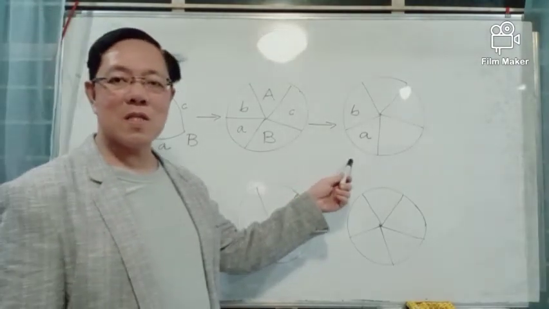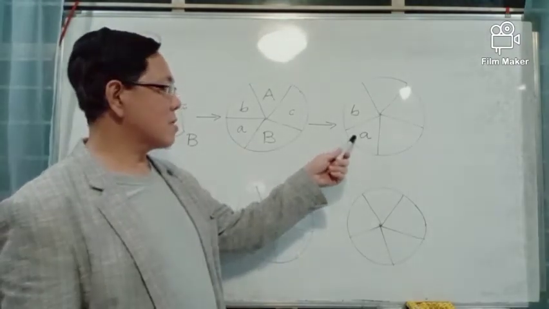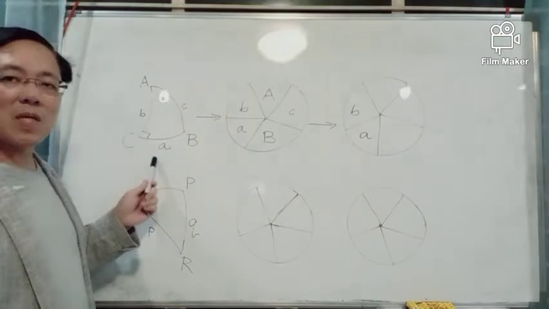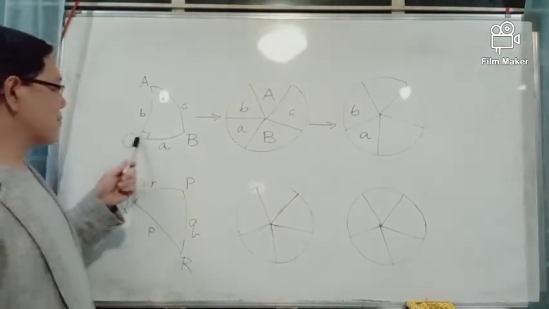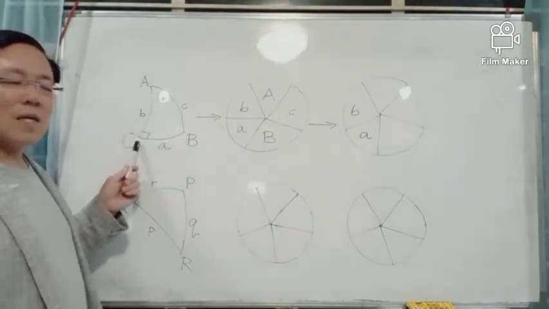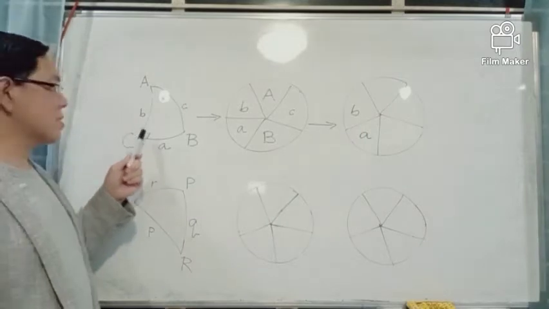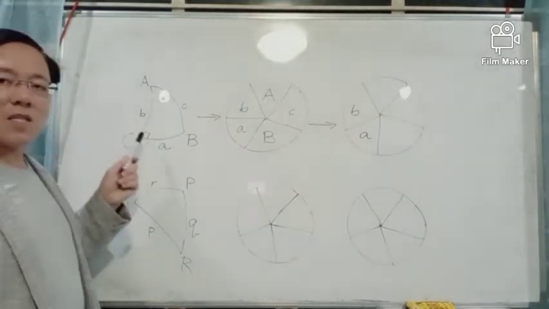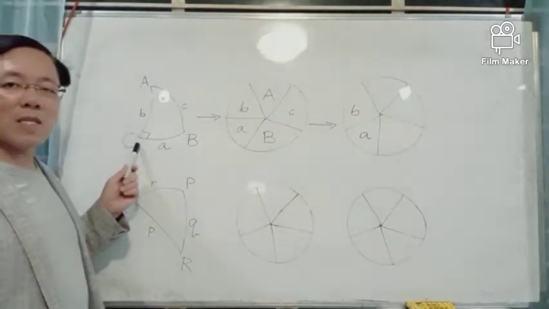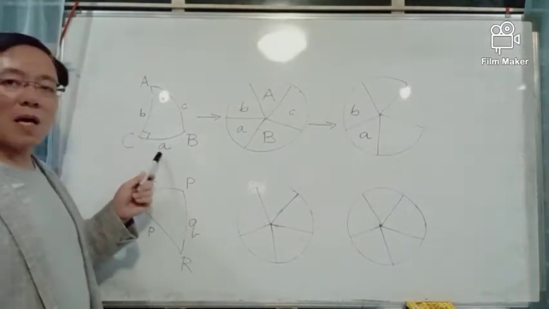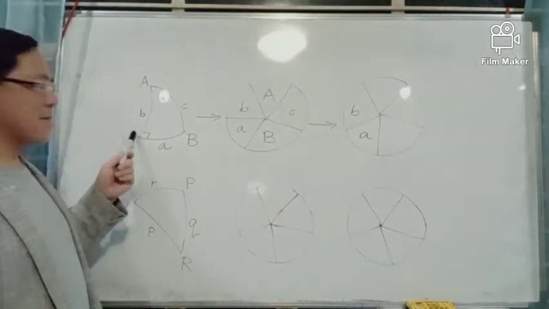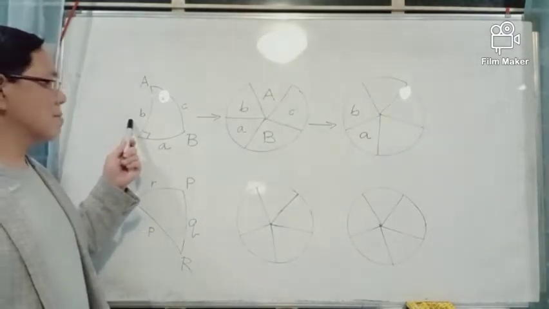In this example, the parts that form the right angle C are side small a and side small b.